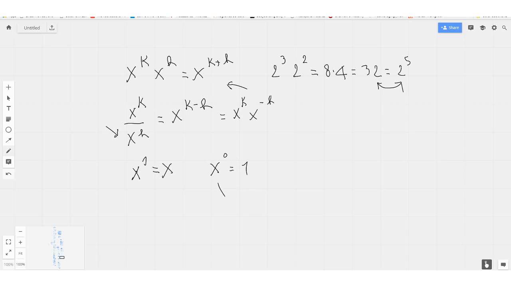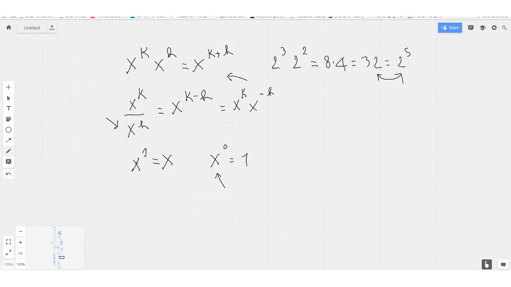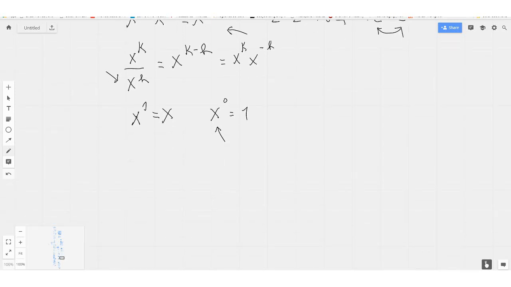When x is 0, there are several possibilities, but as a rule, you should consider it as undefined.